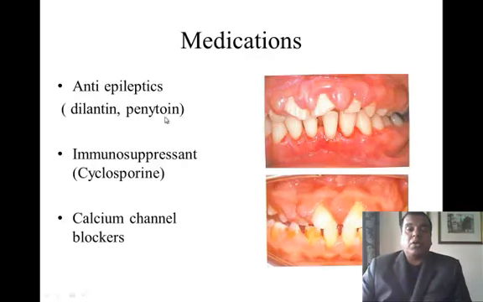Antiepileptics such as Dilantin and phenytoin, or immunosuppressants such as cyclosporin and calcium channel blockers, can all cause generalized gingival enlargement, and histopathologically it will show a very similar pattern, but this enlargement is a fibrous component enlargement and can cause problems with oral hygiene, which will compound the problem of swelling through inflammation.